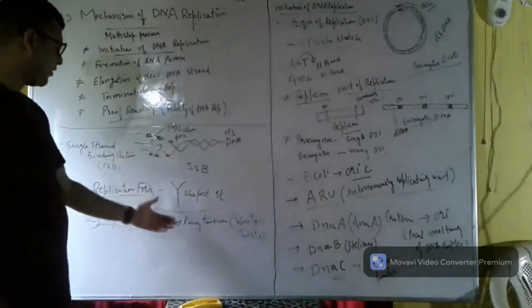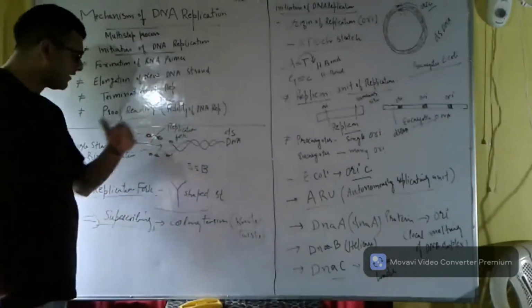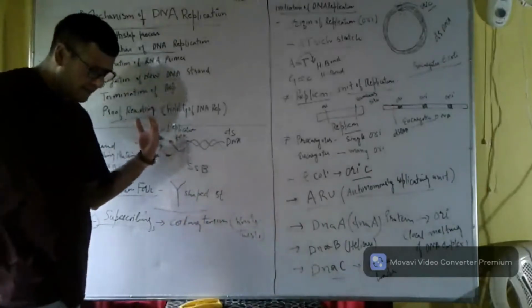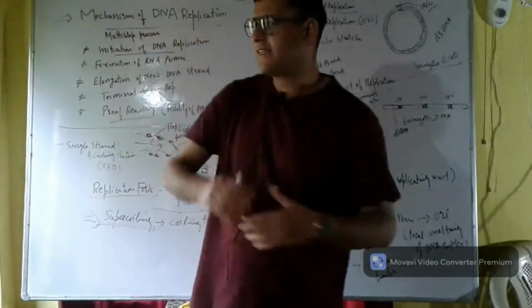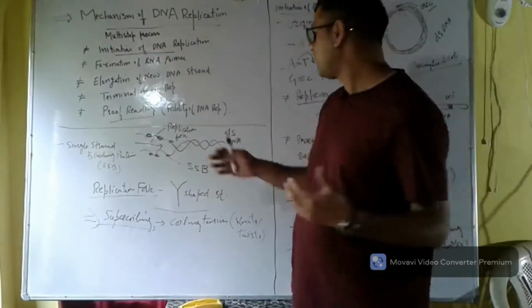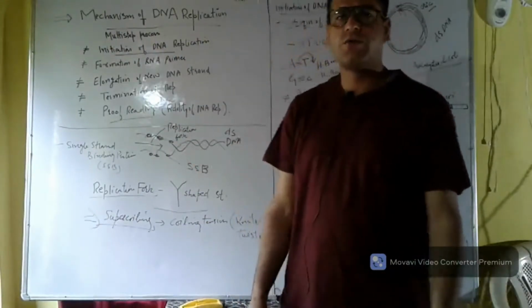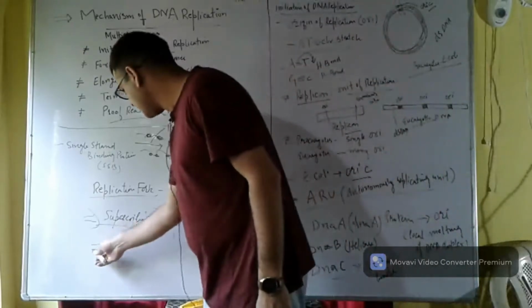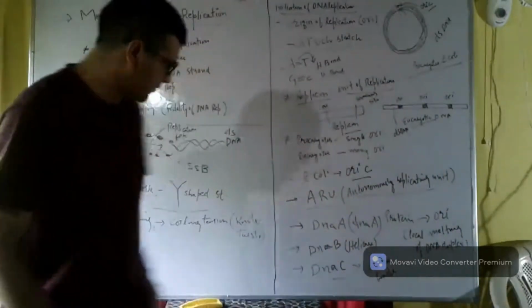This coiling tension is known as supercoiling. As a result of this supercoiling, separation of the two DNA strands would not be possible. And then there is an enzyme called topoisomerases.